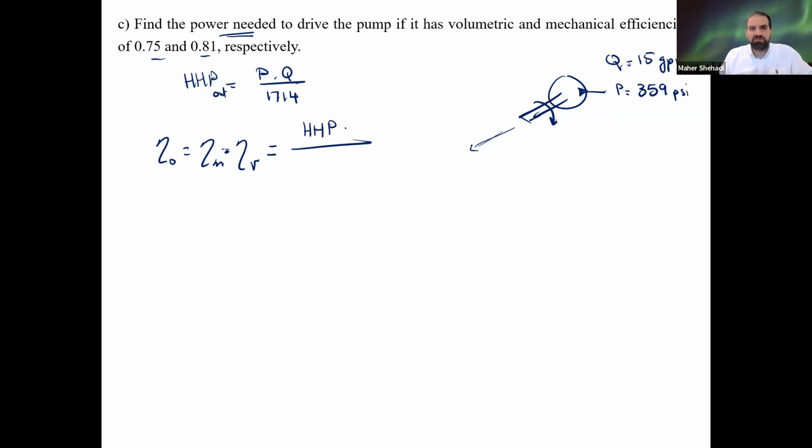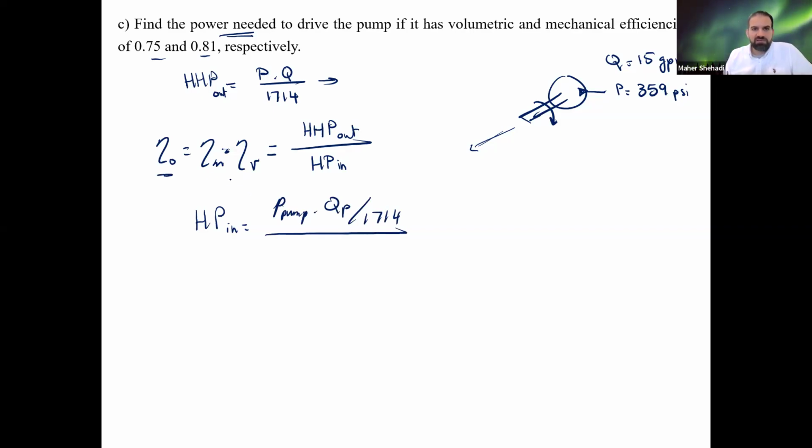Simply the overall efficiency is the mechanical efficiency times the volumetric efficiency, and that's equal to the output power, the hydraulic horsepower out, divided by the input power, and since this would be in horsepower. So we will get HP, the horsepower needed, equals the pump pressure, delta P times Q for the pump, divided by 1714, all that divided by the overall efficiency, which is 0.81 times 0.75.